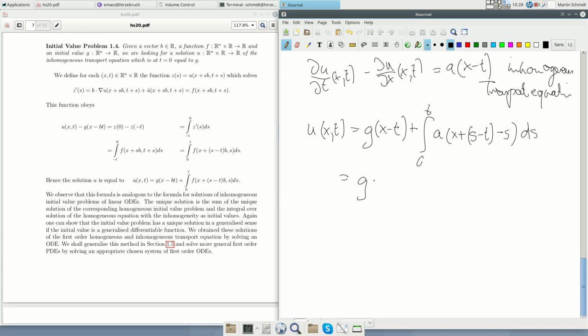So this is g of x minus t plus the integral from 0 to t of a of x minus s minus t.